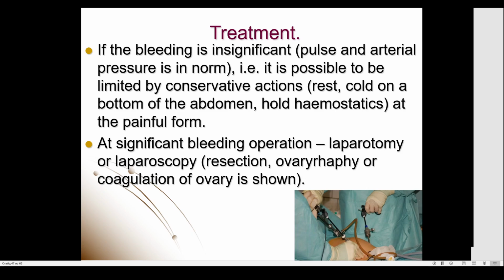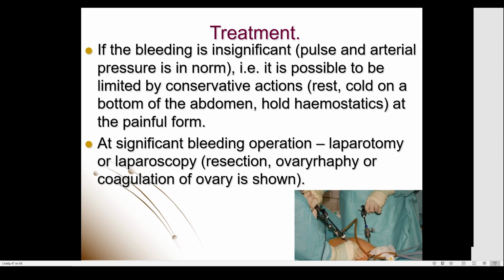If there is only pain and no signs of internal hemorrhage, sometimes conservative treatment is enough. For hemostatic therapy, we usually use tranexamic acid up to 3 grams per day if we use it orally.